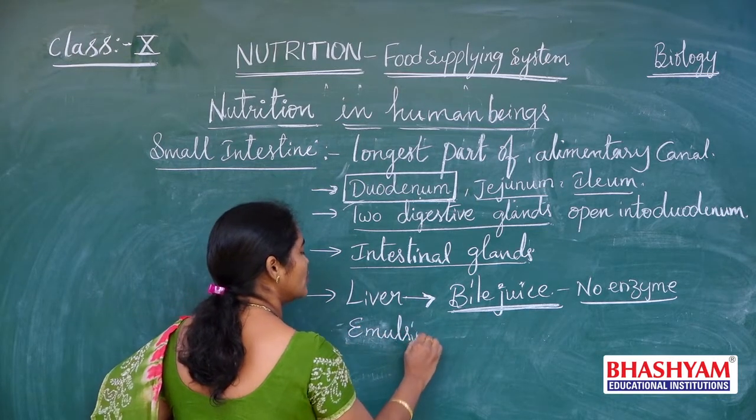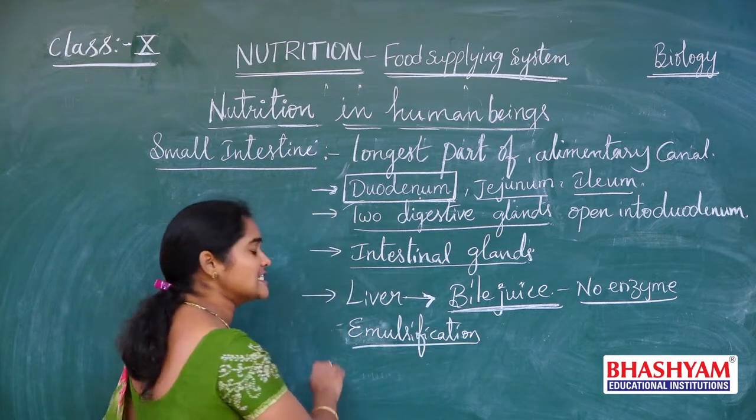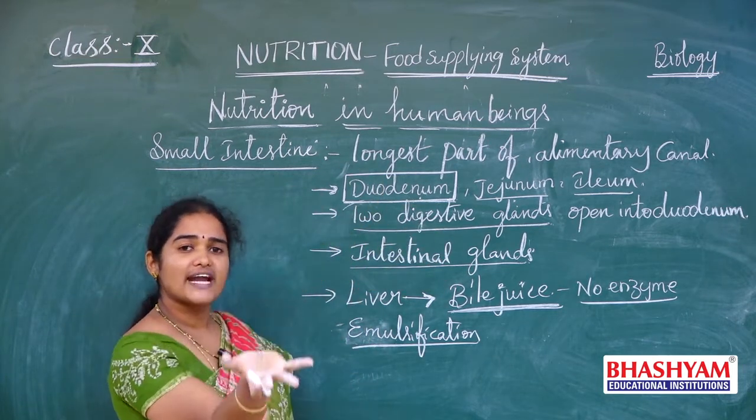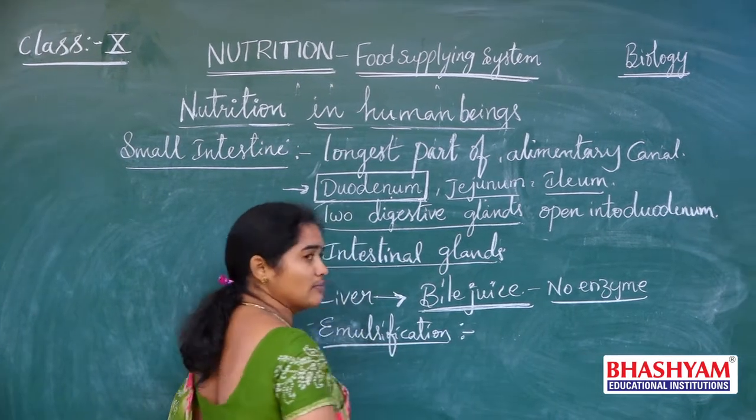emulsification. What do you call that process? Emulsification. What is meant by emulsification? Conversion of complex fats into simple fats. Now let us write the definition, a very important definition.